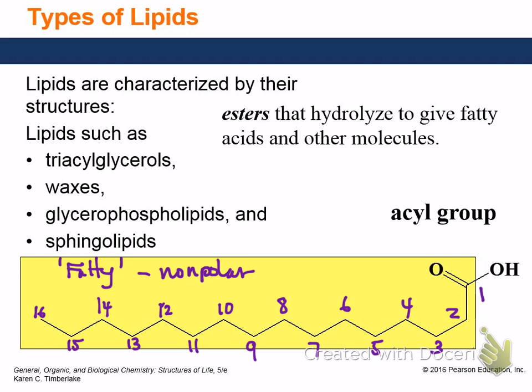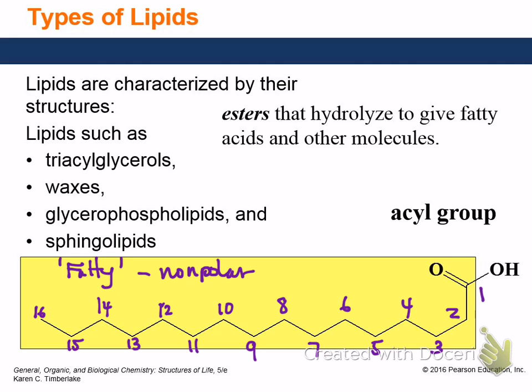What we're going to do is talk about each one of these kinds of lipids: triacylglycerols, glycerophospholipids, which probably follow better after this, waxes, and sphingolipids. Sphingolipids you'll find in things like nerve tissue, the myelin sheath. Those are made out of sphingolipids.